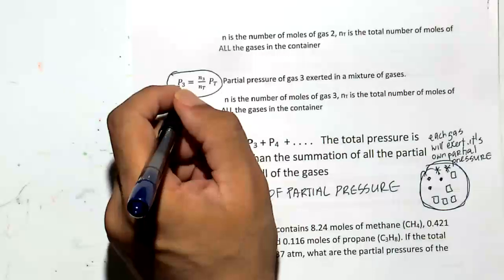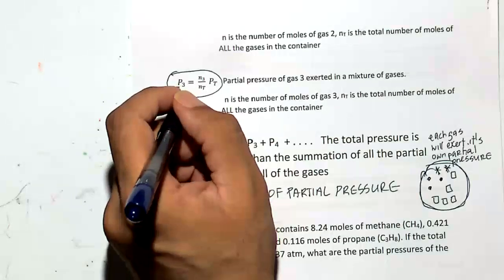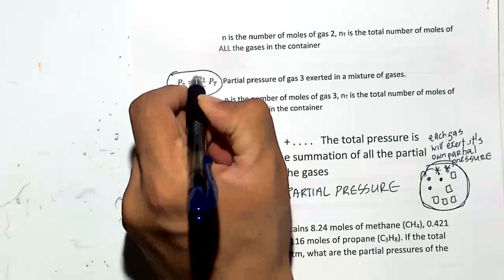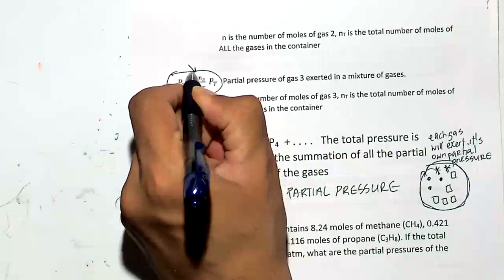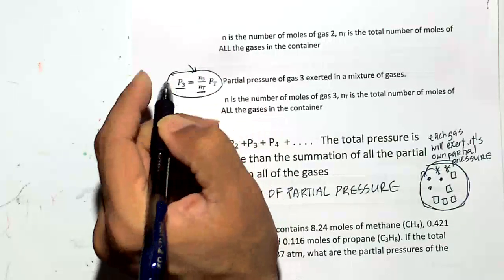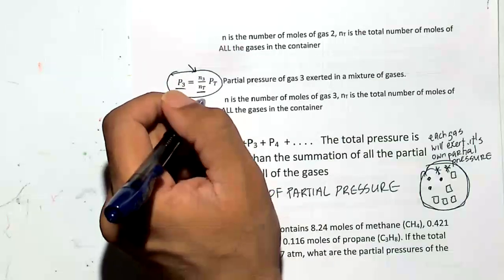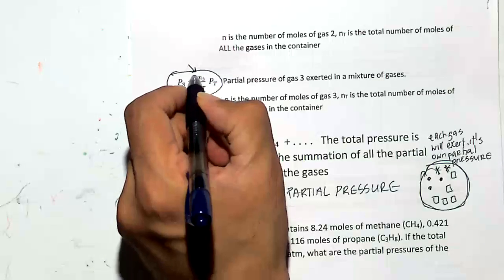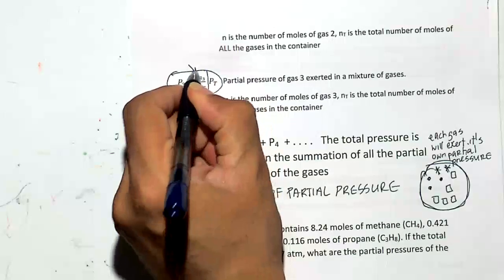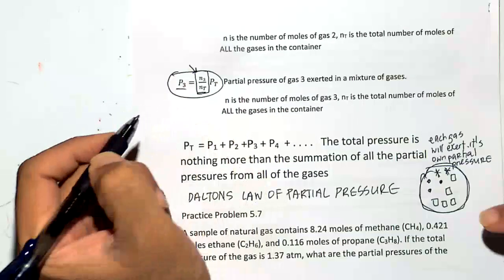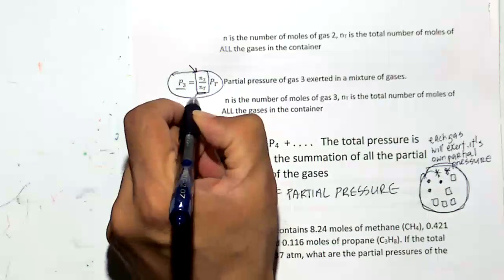This would be for gas 3, but it could also be for gas 2, gas 1, or gas 300. That partial pressure is the number of moles of the gas divided by the total. So number of moles of the gas divided by the total, that's just a fraction. Fraction of the gas that's in there, inside the container.